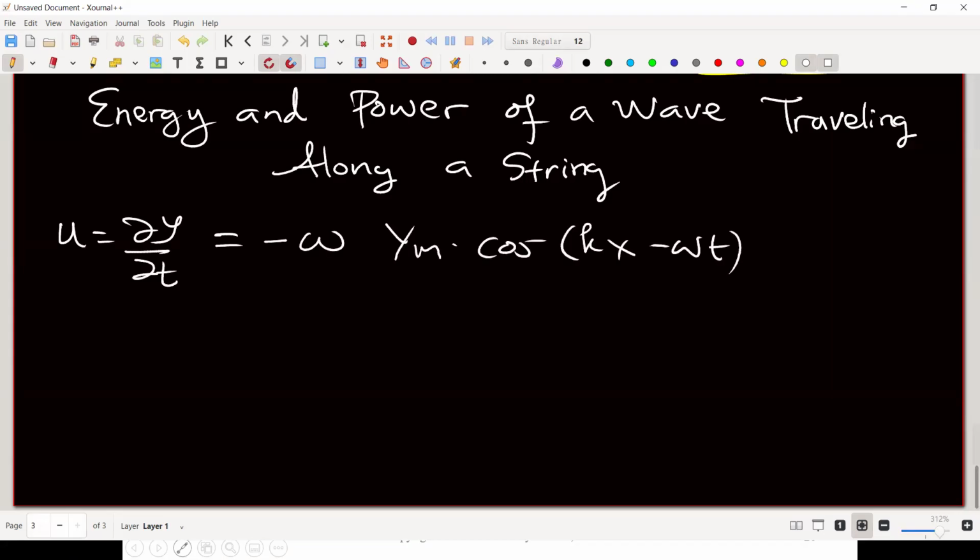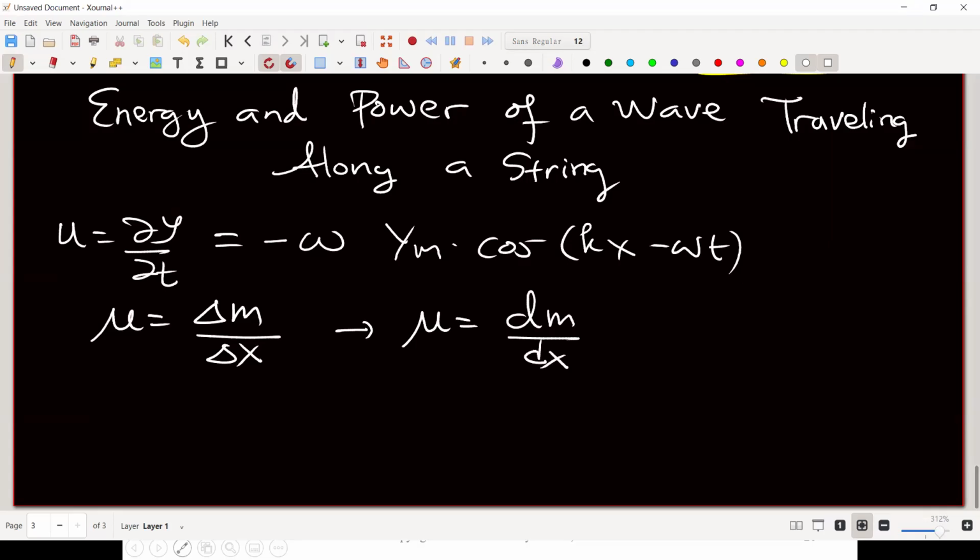And then mu is delta M divided by delta X, or we can use that mu is dm/dx, or dm is mu dx.